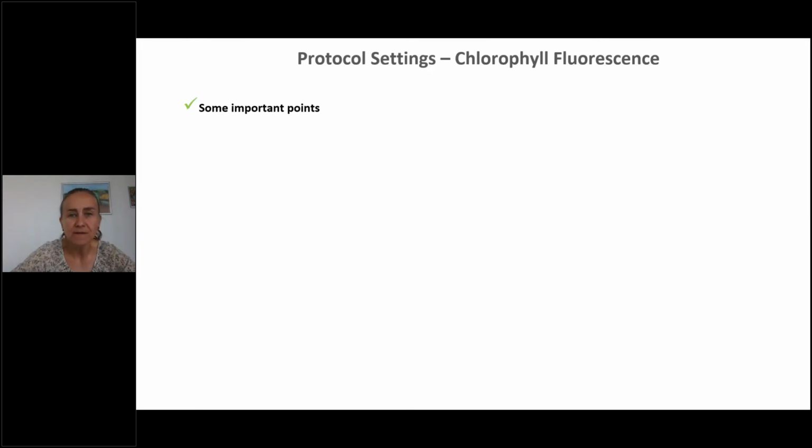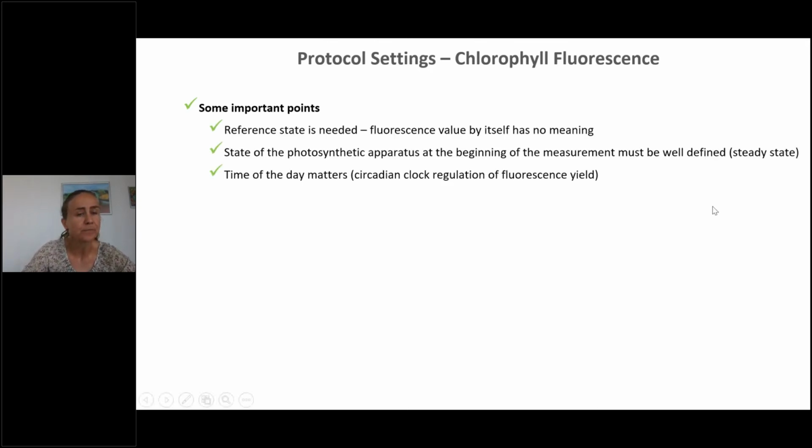So some important points I would like to mention and maybe remind, we heard a few of them, that we always need a reference state, so basically having the photosynthetic organism in a well-defined steady state. This is either a dark adapted or a light adapted sample.